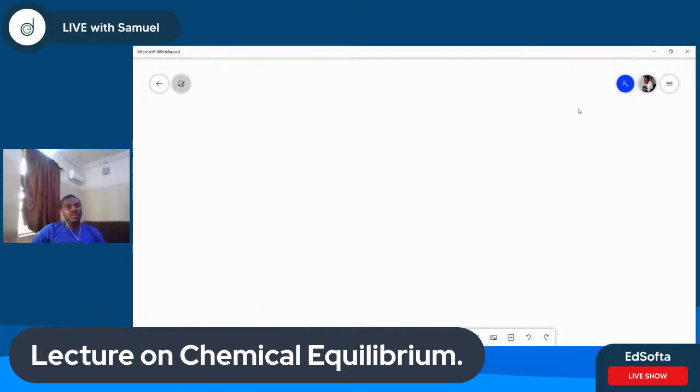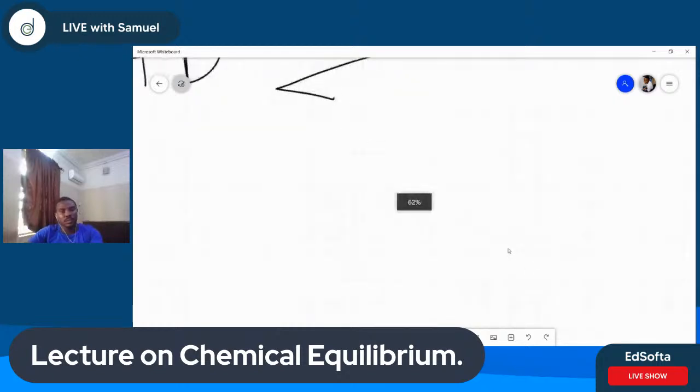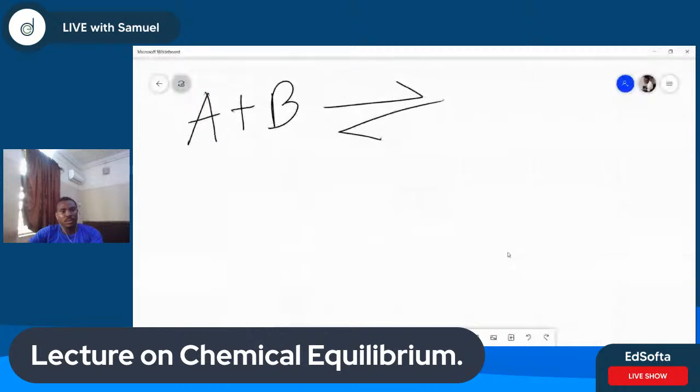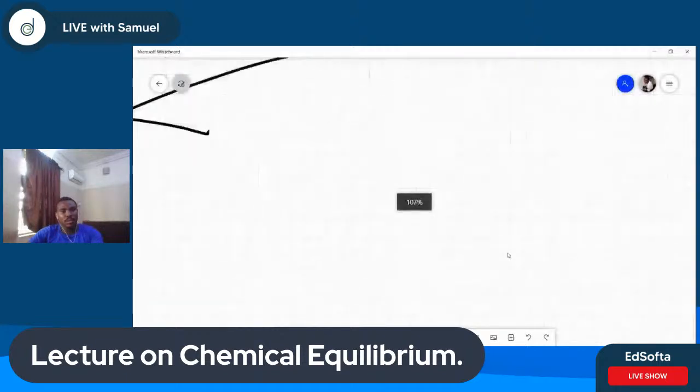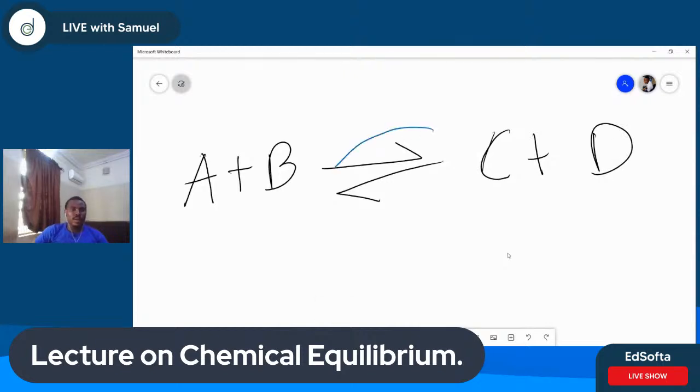So a reversible reaction is when you have something like A plus B is going to give us C plus D. But if you notice in the middle, you can see the sign that we used.